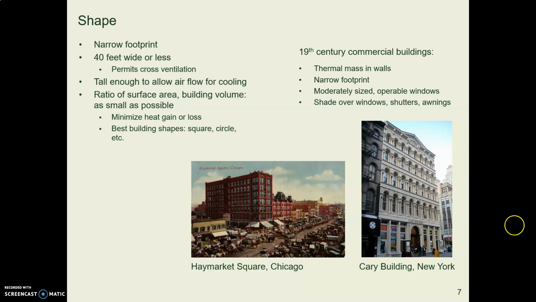What you will notice is that buildings tended to be narrow, so air could pass through for cooling and sunlight could get in for heating and for natural daylighting. They had thermal mass. The walls were made of brick and stone and concrete. The windows could open, that's called operable windows, and they often had shades over the windows, as we see here.